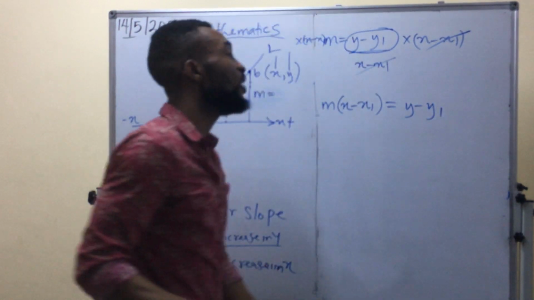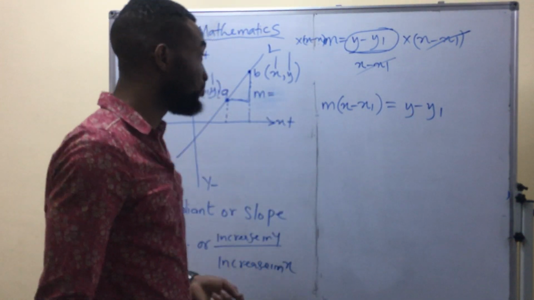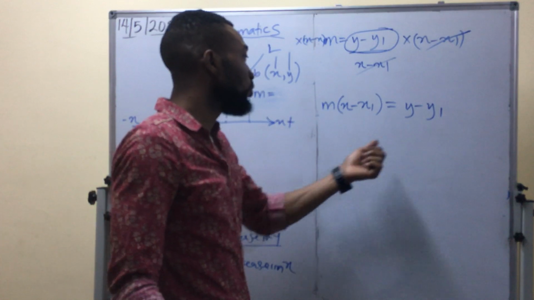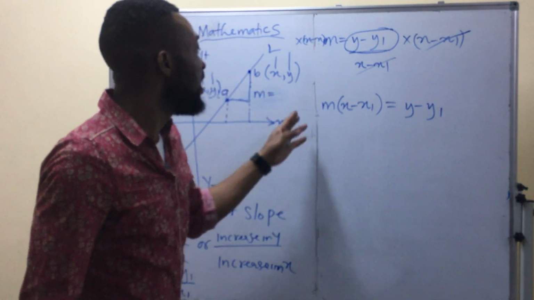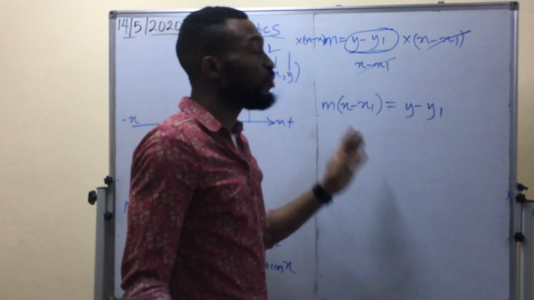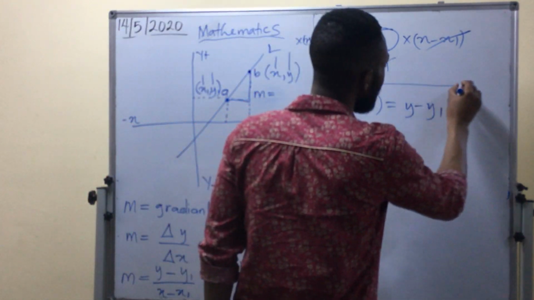So we have made y the subject of the formula, which is y minus y1 equals m into bracket x minus x1. This is another formula we have to take note of.